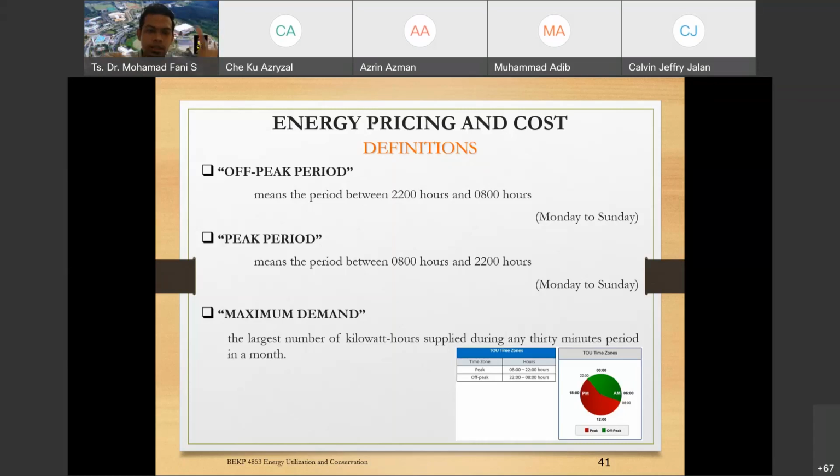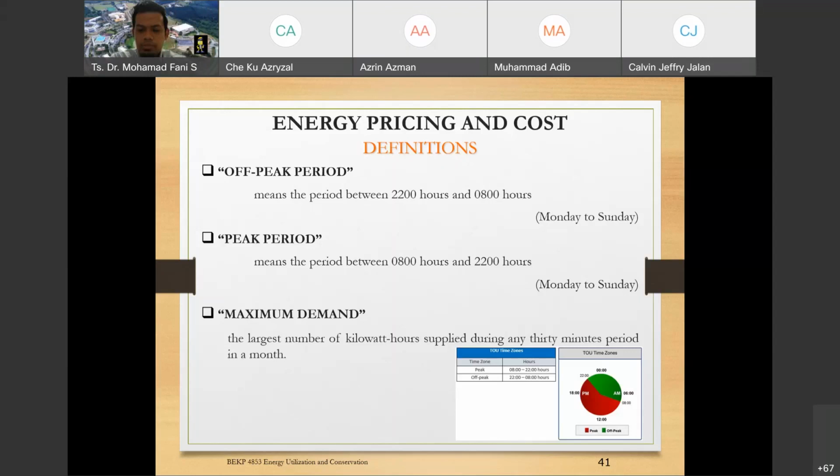So this one is the definition for off-peak and peak period. So perhaps we will learn about the different kinds of price for one day. They have two kinds of charge for off-peak and peak period, especially for C2, E2, and E3.